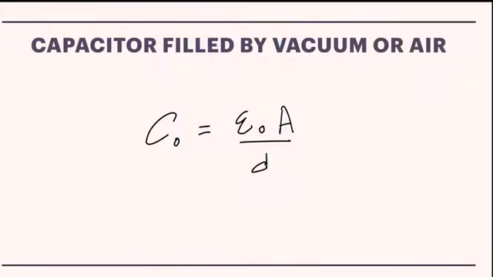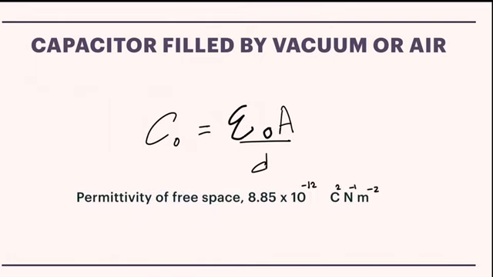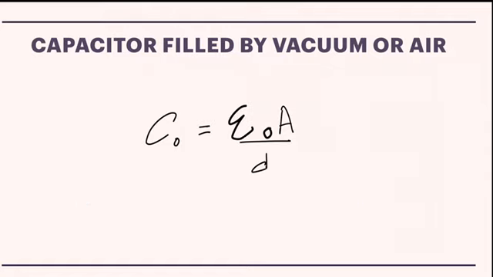When the capacitor is filled by vacuum or air, the capacitance is given by C0 equals epsilon naught A over D, where epsilon naught is the permittivity of free space, a constant 8.85 times 10 to the power of negative 12 coulomb squared per newton per meter squared, while A is the area of each plate, and D is the distance between the two plates.